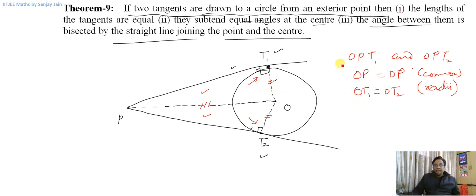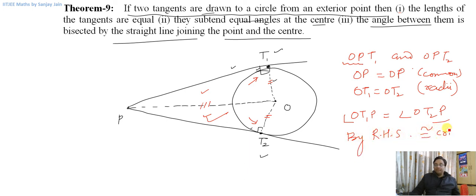So in triangle OPT1, I can say angle OT1P is equal to angle OT2P, right? So by RHS congruence criterion, what can you say about these two triangles, OPT1 and OPT2?